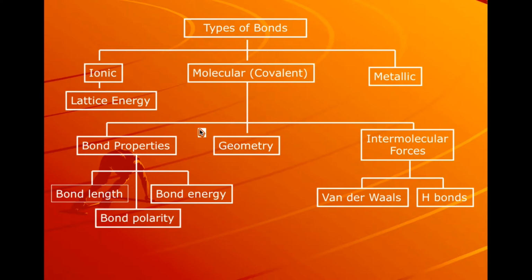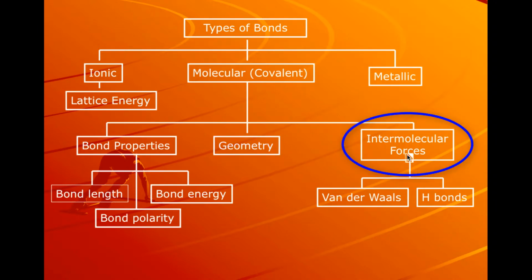We can also talk about its geometry. In other words, if you make a molecule, let's say you make water, well, what shape is that? Is it straight? Is it bent? Those kinds of things. Some molecules occupy a three-dimensional space, and so we'll talk about those more in future podcasts about weird geometries like tetrahedral and things like that. We can also talk about the intramolecular forces.